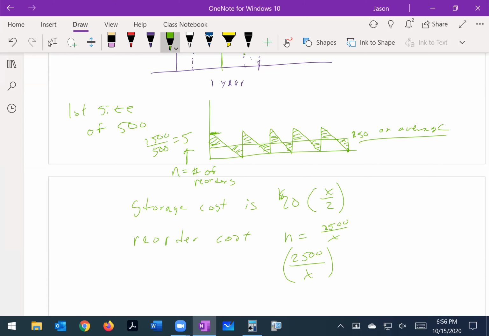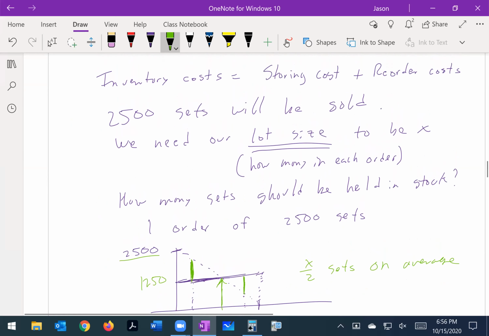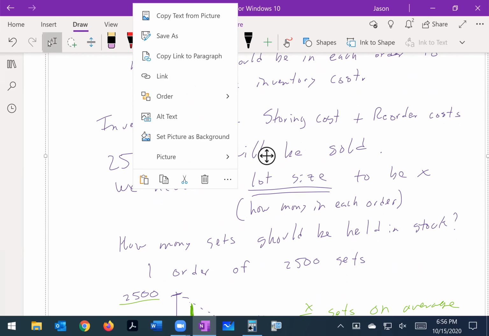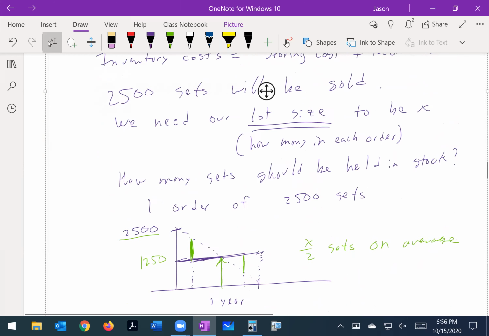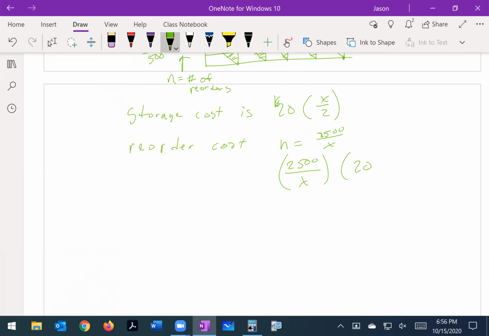Well, what's the reordering cost? It's $20, for gas I guess, or using the truck, plus $9 per set. How many sets depends on how big the order is. So the reorder cost is this.